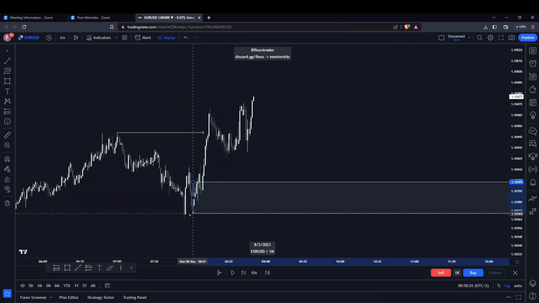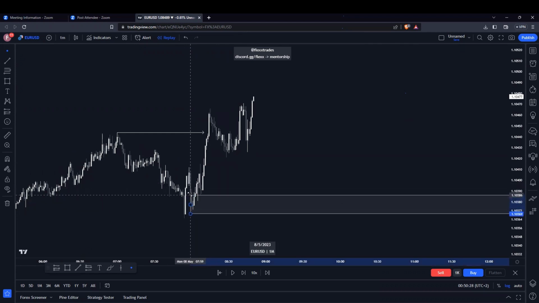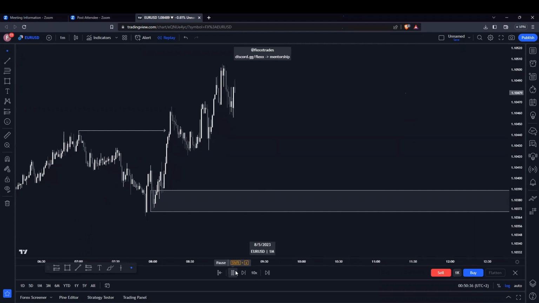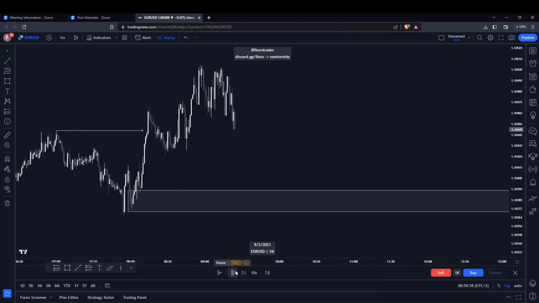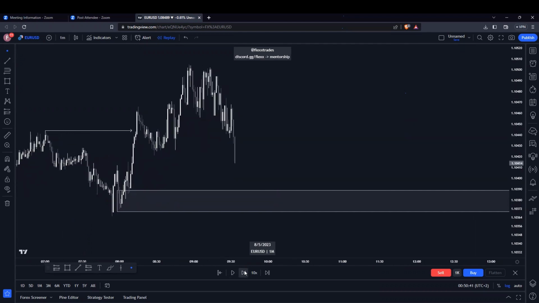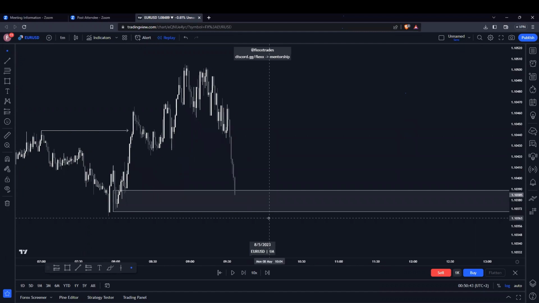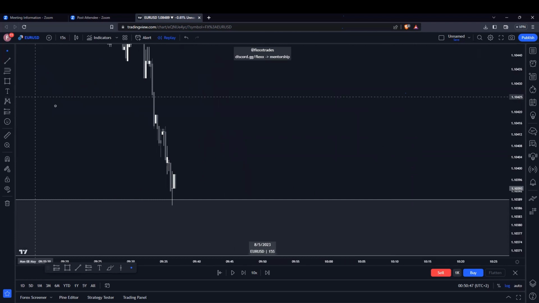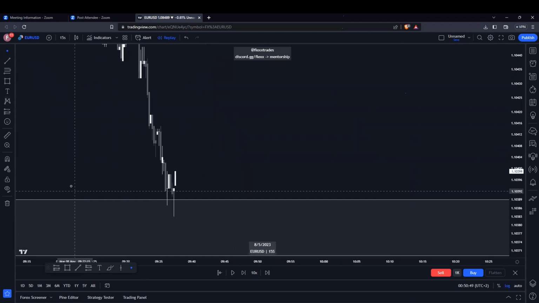Let me also refine this zone. Let's take it like this, right? So we'll see what happens. I might go down to the 15-second. Let's see on the 15-second if you get a setup, right? So essentially what you have is this choch right here.